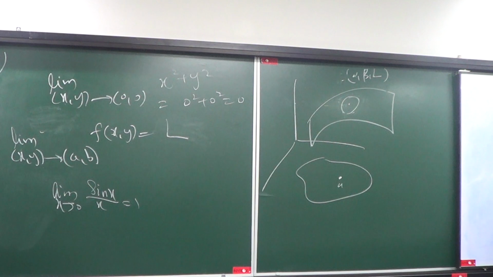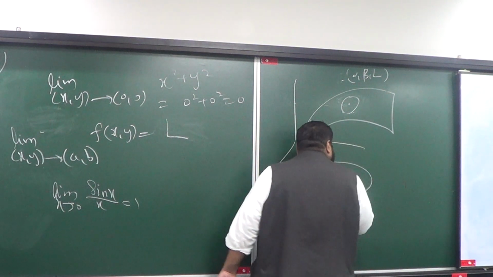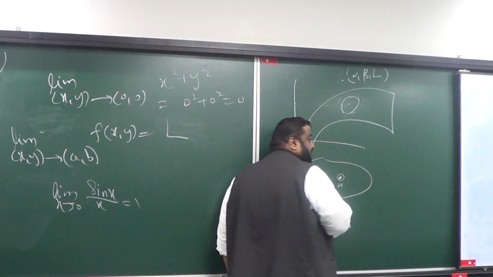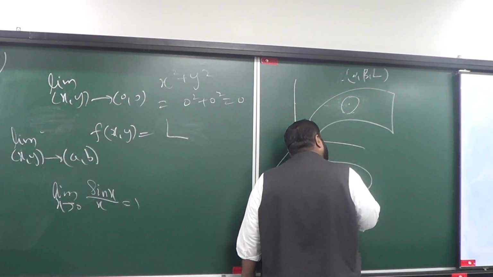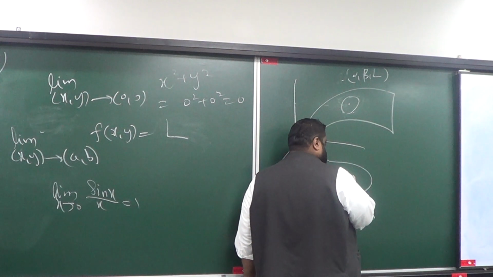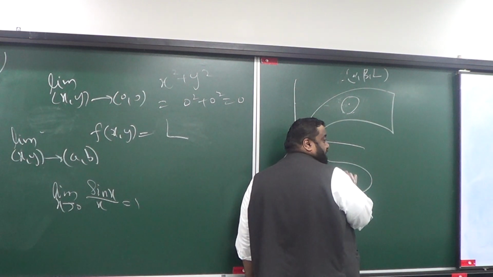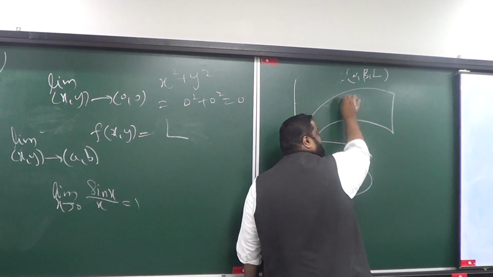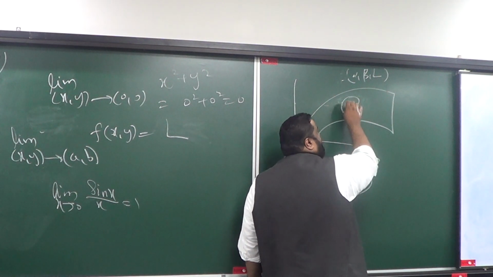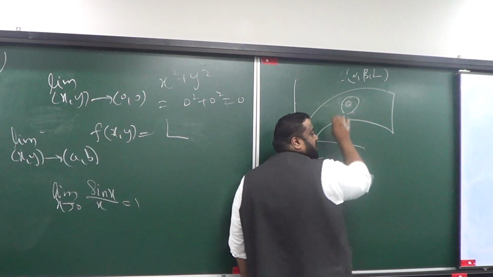The question is, can you find a region around this point, small enough, in such a way that if you compute the outputs of all the points around this point, you're going to get outputs within this set that you want the outputs to live in?